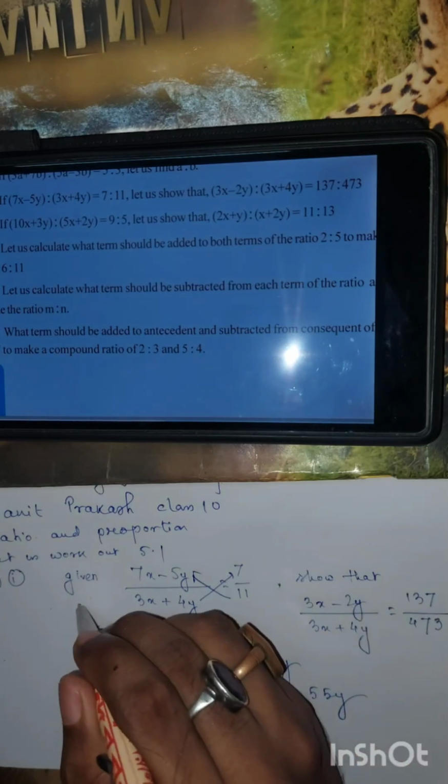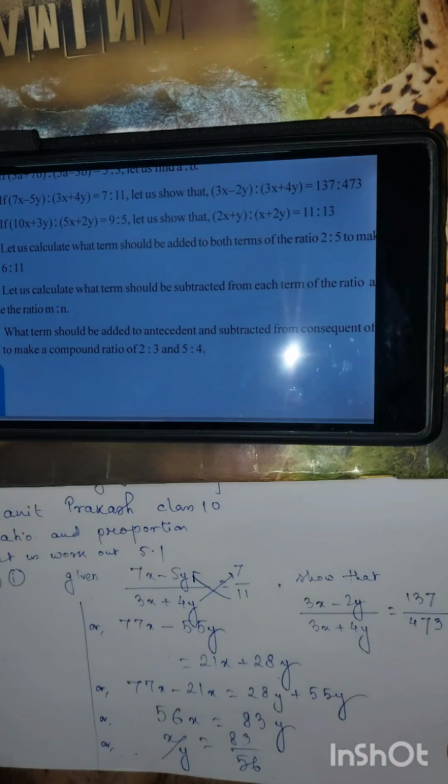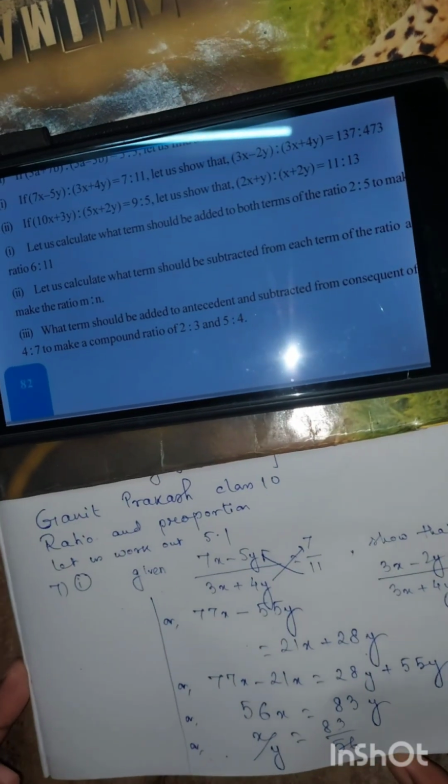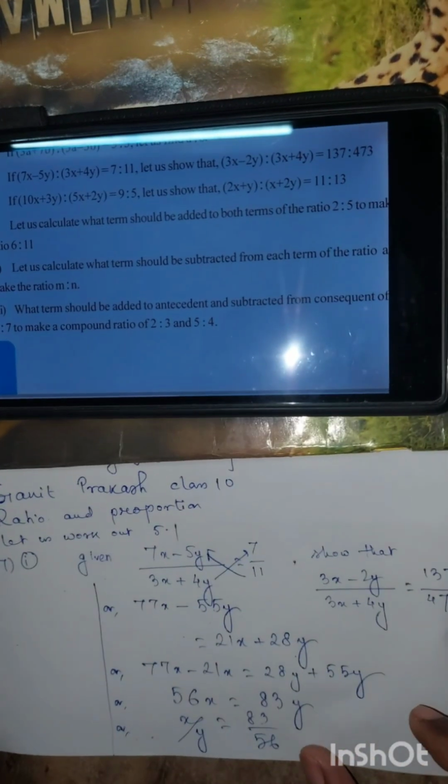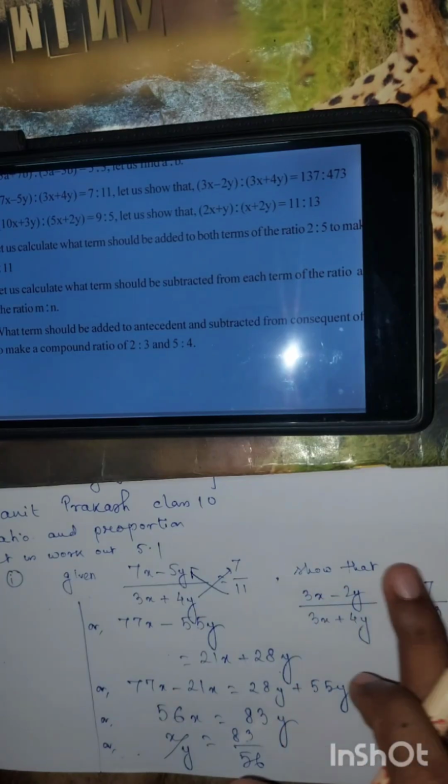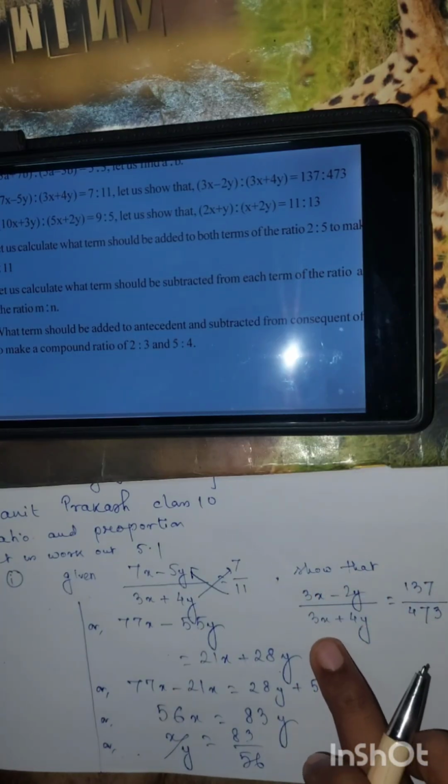So let us start from the left hand side. Okay, we have to show this thing. So we are starting from the left hand side.